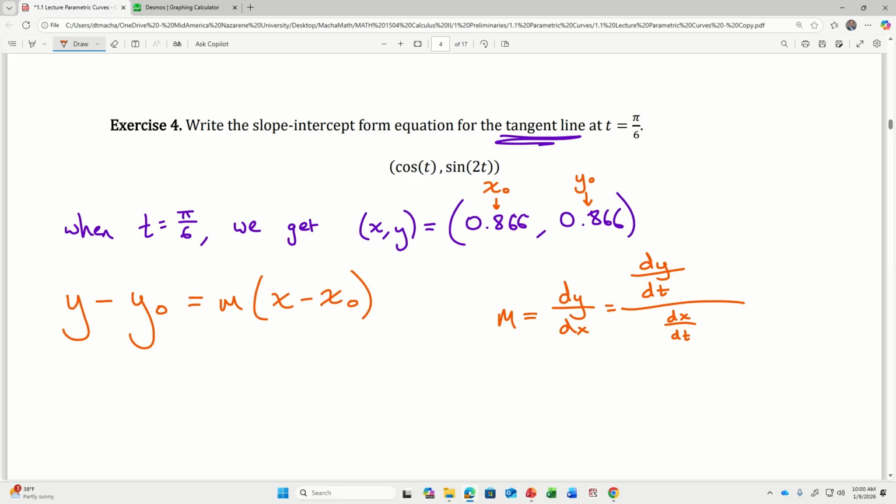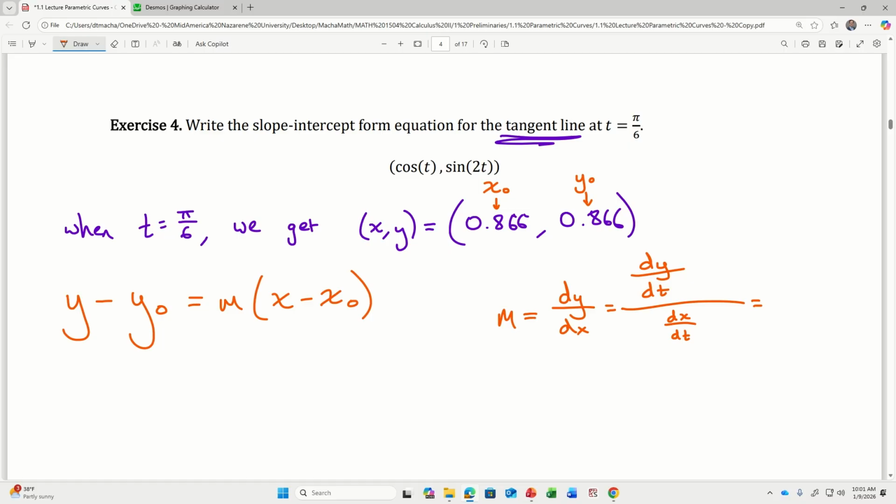Imagine multiplying the top and the bottom by dt, and it cancels out. That's the same thing as finding dy dx is finding dy dt, and then divide by dx dt. So dy dt is going to be the derivative of sine of 2t with respect to t.